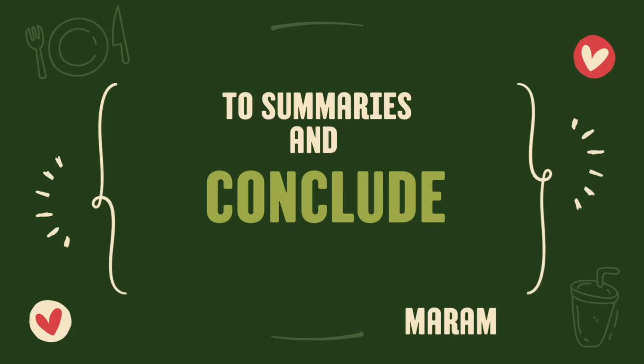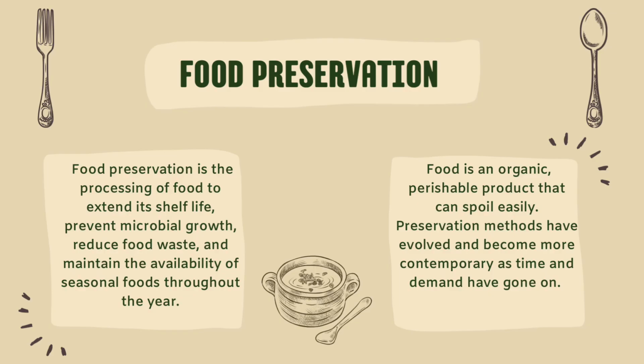Assalamu alaikum, it's Maram Abdulaziz, and to summarize and conclude, food preservation is the processing of food to extend its shelf life, prevent microbial growth and reduce food waste, and maintain the availability of seasonal food throughout the year. Food is an organic perishable product that can spoil easily.